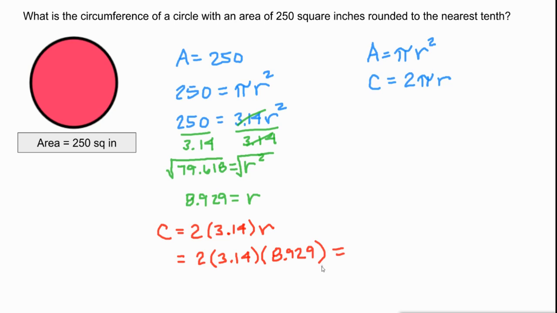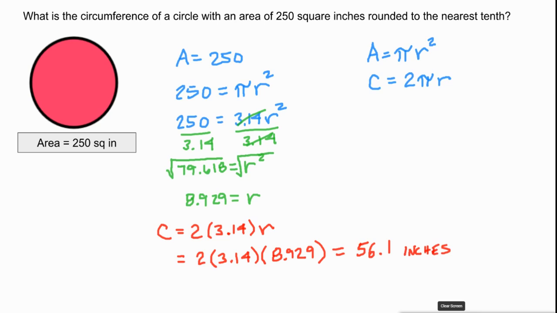When we run that through the calculator, rounding to one decimal, we should get 56.1. And that's our answer. The circumference, the distance around this circle, is 56.1. We always want to add some units here, inches, because circumference is a distance.